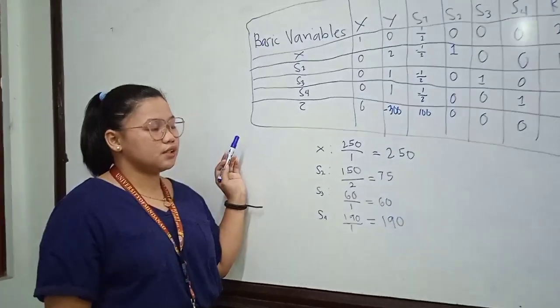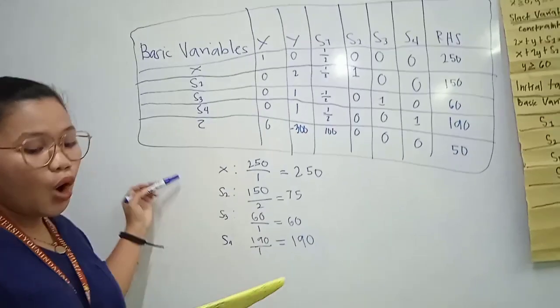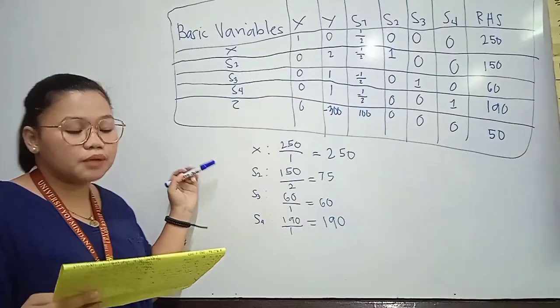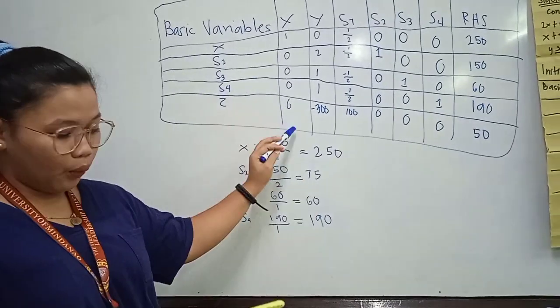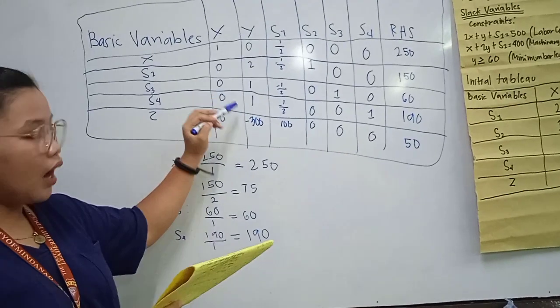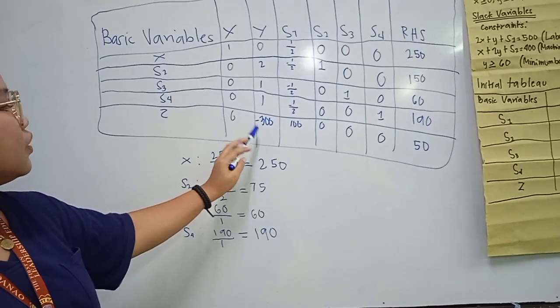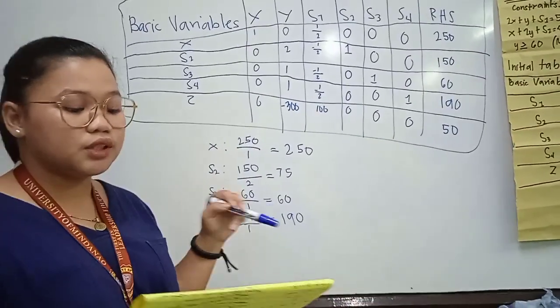This is the updated tableau. We need to select the entering variable, which is determined by the most negative coefficient in the bottom row. Here Y, negative 300, is the most negative, so Y will enter the basis.